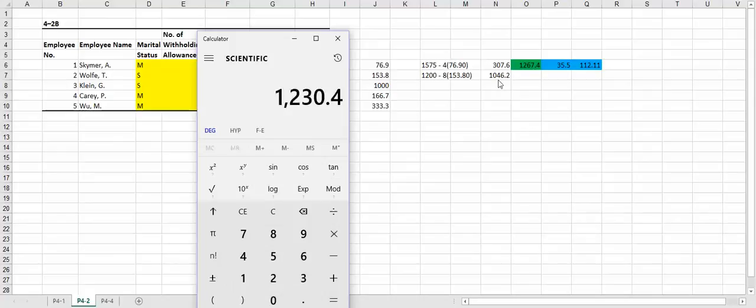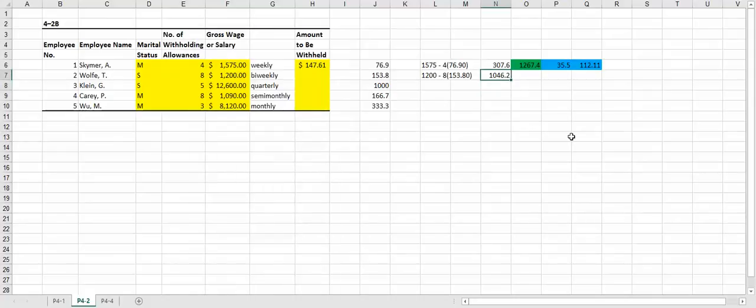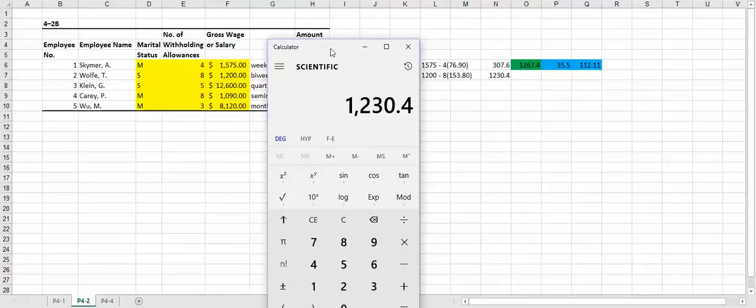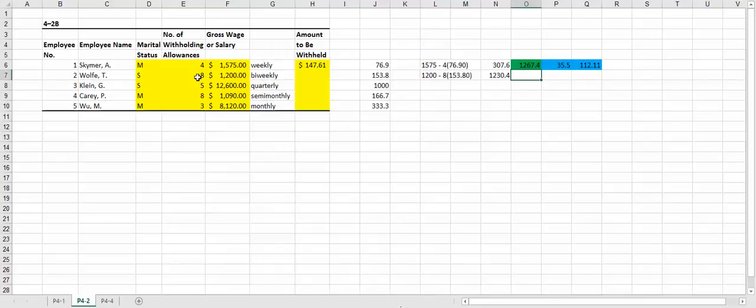Okay, so that's $1,230. So to find out his actual taxable income, I accidentally entered that incorrectly. Again, make sure you double check everything.